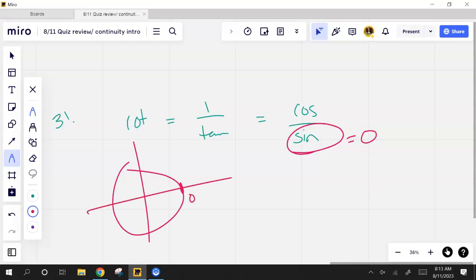That's 0. If I come around, sine is 0 here, that's pi. If I keep going, what is that? 2 pi, and it's 0 again. If I keep going around, what is that? 3 pi. And in fact, every time I loop around and I make it back to here, then it's 0 again. So it's every pi.